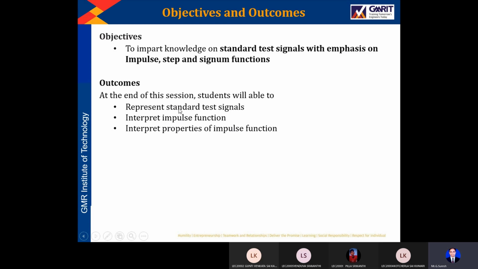You should be able to represent them in a diagram or waveform manner, as well as in mathematical format. And then you have to understand what actually the impulse function is and its properties.